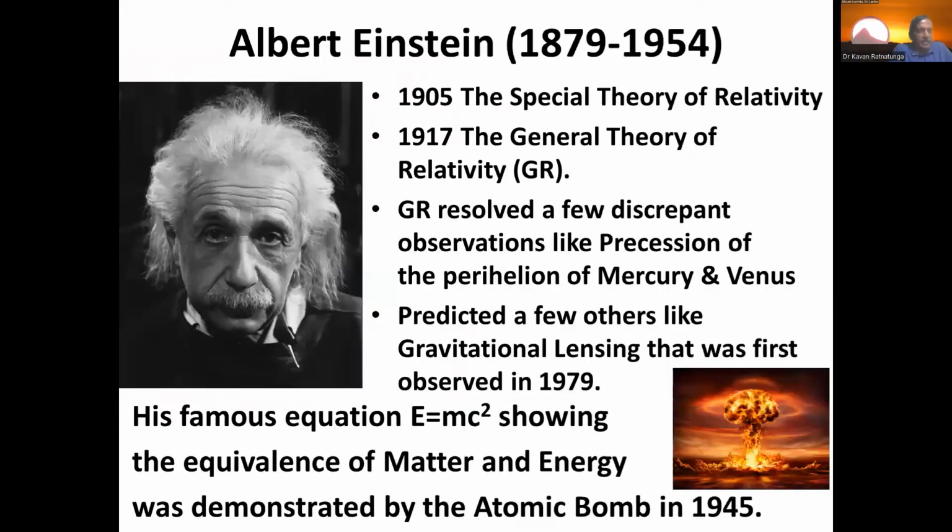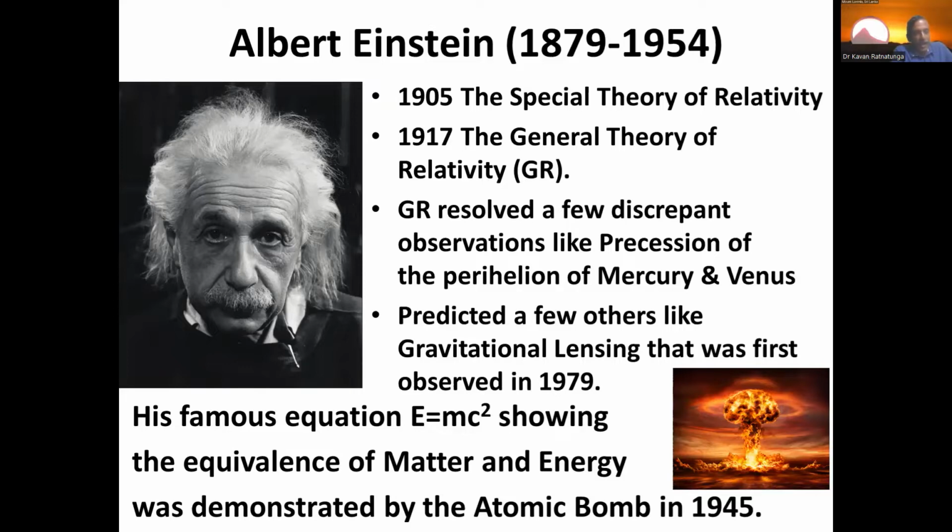Then came Einstein. He had the special theory of relativity in 1905, and the general theory of relativity in 1917. Now we are talking about just a little over 100 years ago. And general relativity resolved the discrepant observations of the precession of the perihelion of Mercury and Venus.